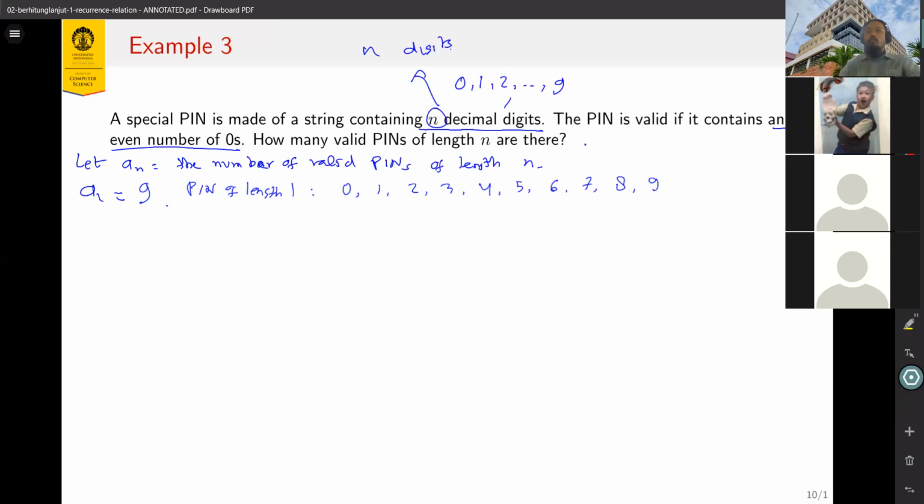Now, Rafael, which one of these are not valid? We have how many pins of length 1? 10. So out of these 10, are all of them not valid, or only which one is not valid?